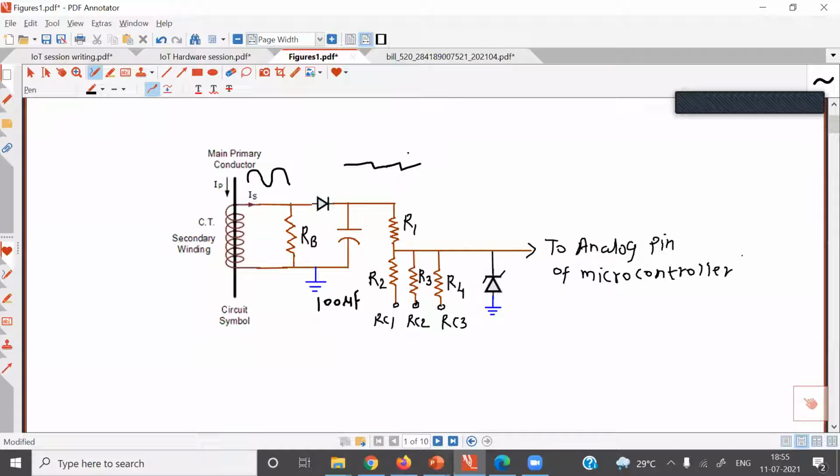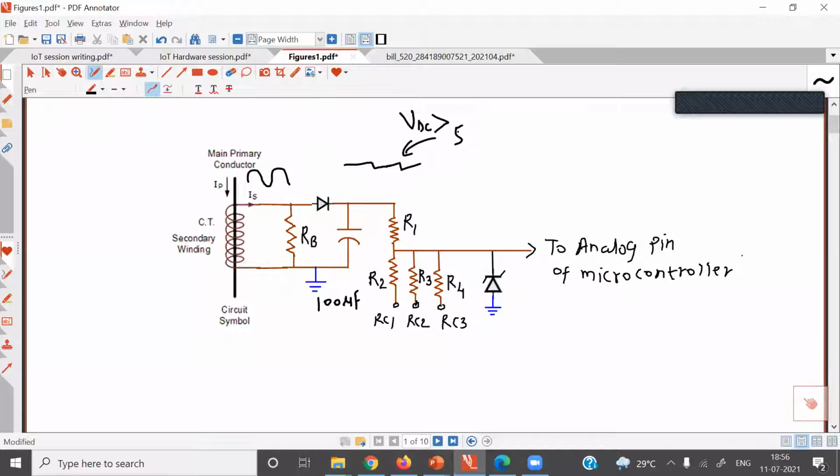If this VDC is greater than 5 volt, then we require voltage divider network, because if voltage is greater than 5 volt, microcontroller may malfunction. On analog pin of microcontroller, voltage should not exceed 5.5. And if microcontroller is operated on 5 volt, for any analog voltage greater than 5 volt, you will get same result. That means ADC result will get saturated.